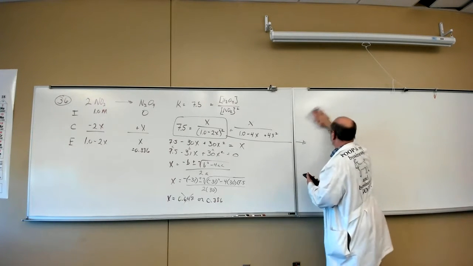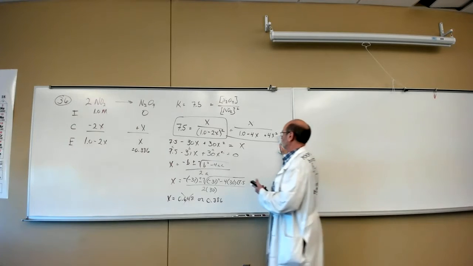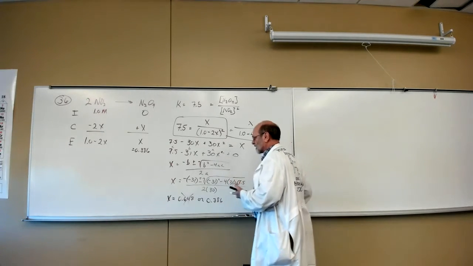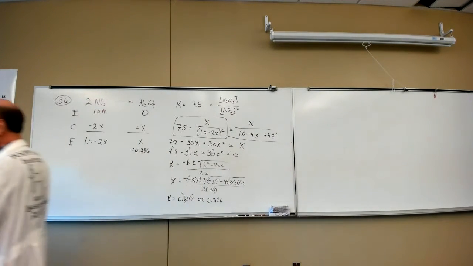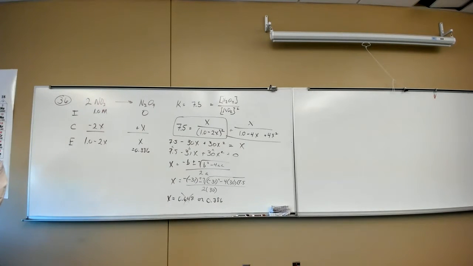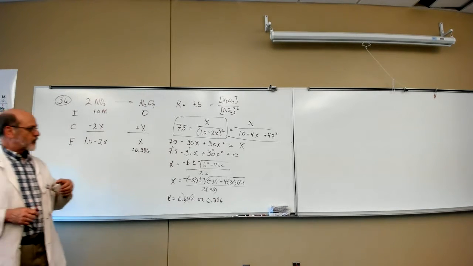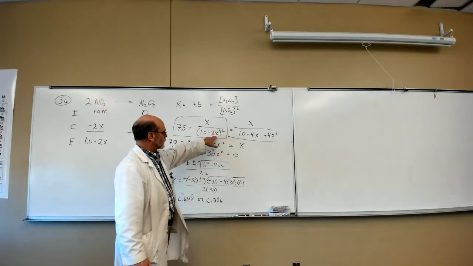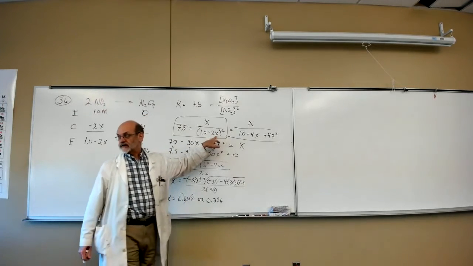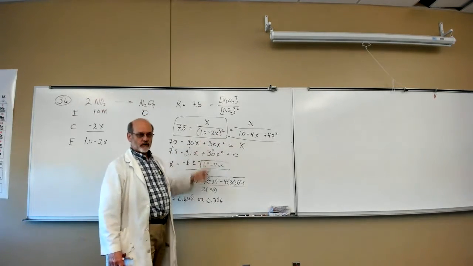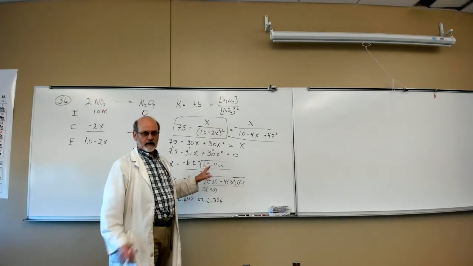Okay, so rather than beat that horse, let's say, how do you know in advance if you need to use the quadratic, so you can use your time more efficiently? How do you know if you can assume x is so small that it's insignificant, or if you have to do the quadratic? That's your decision.